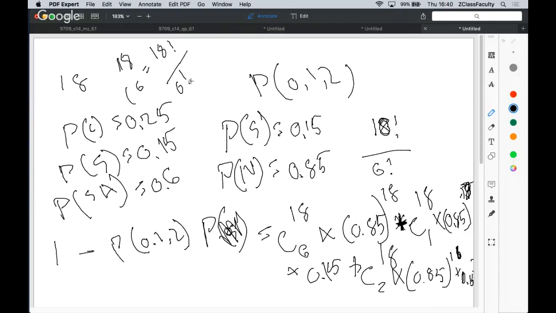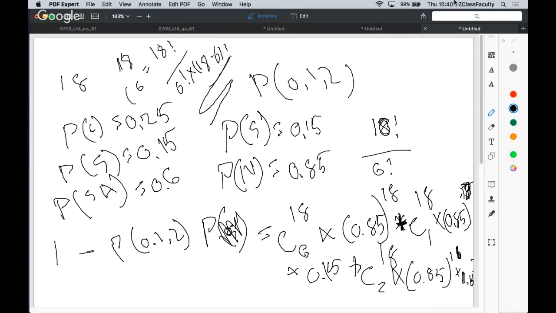There are 2 terms on the bottom. Times 18 minus 6 factorial. Oh yeah, that sounds familiar actually.